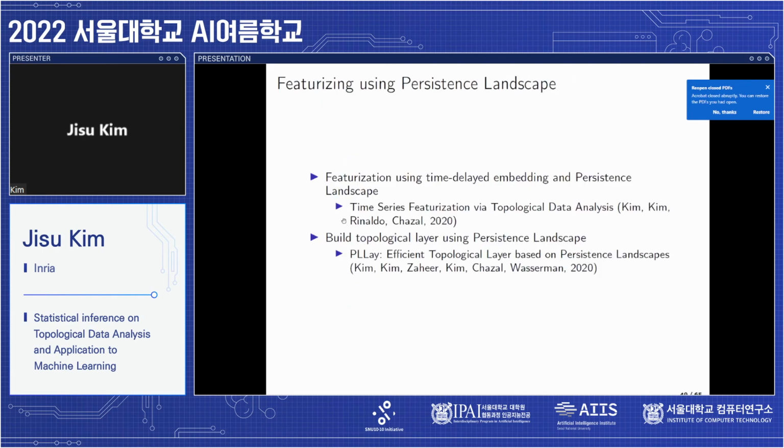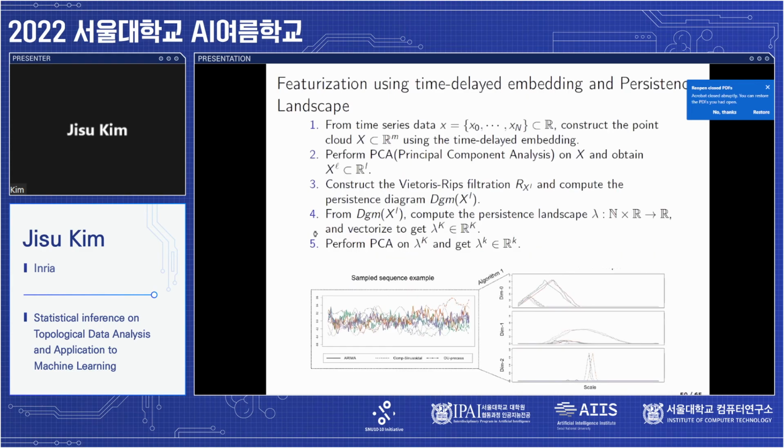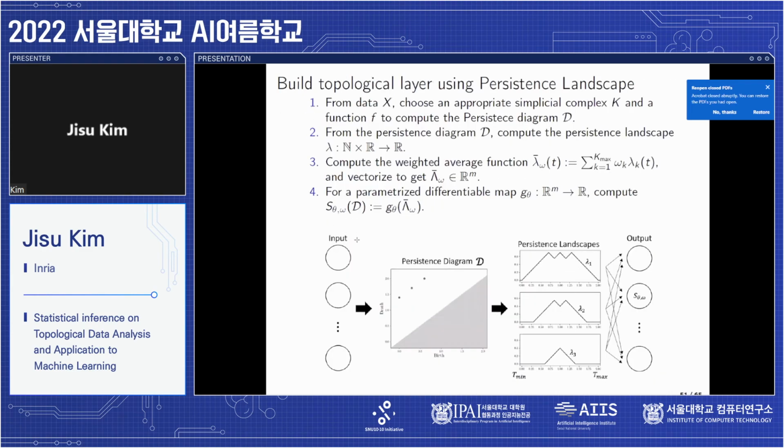There are some applications using this, but I will just go over one application quickly. Here the persistence landscape is applied to build a topological layer. That means that in deep learning, the output layer is a function of the input layer, and what we are doing here is building the layer so that the output layer reflects the topological information from the input layer.